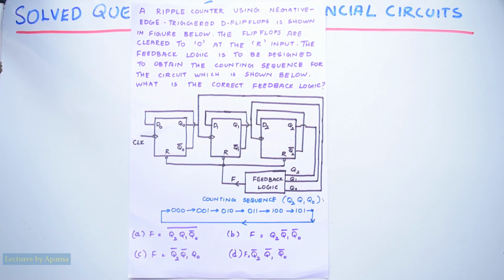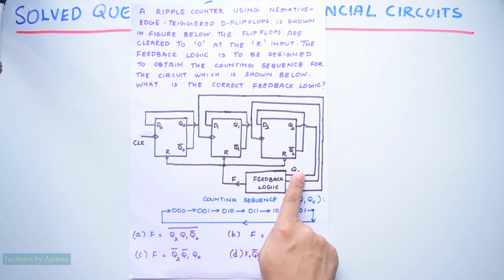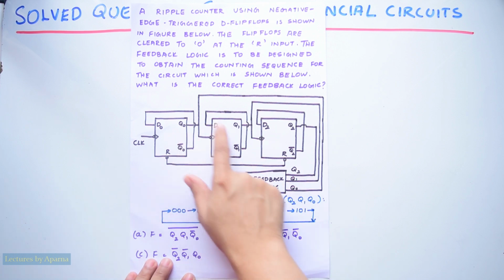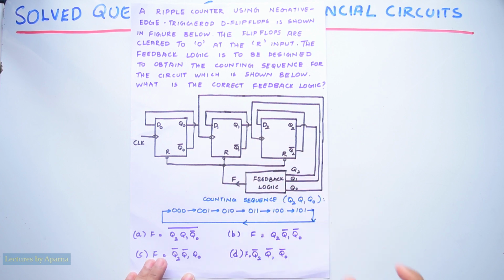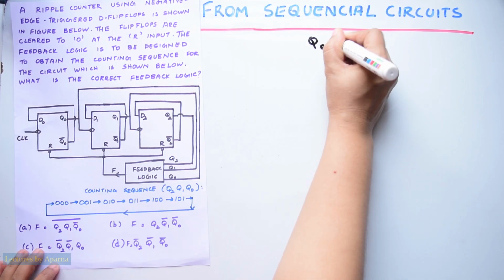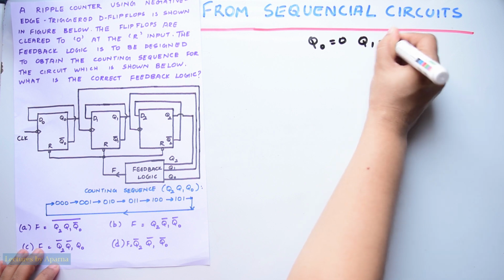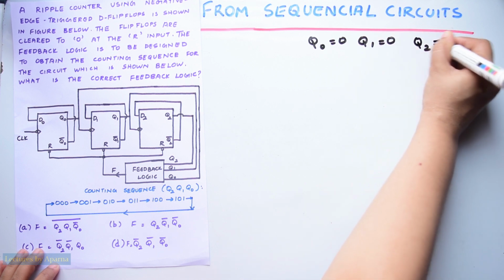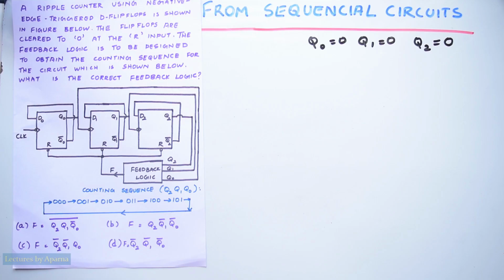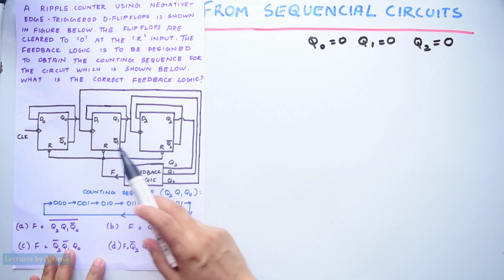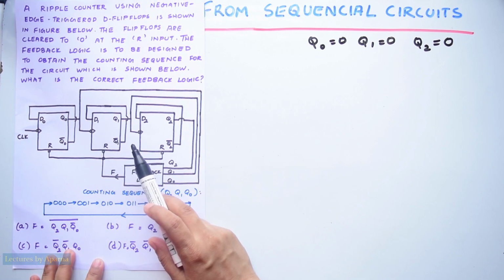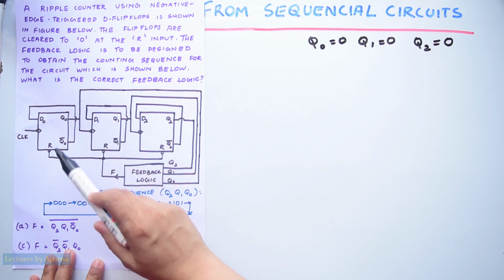It is said that the flip-flops are cleared to 0 at the R input. So initial value in all the flip-flops is 0, which means Q0 equal to 0, Q1 equal to 0 and Q2 equal to 0. Here D flip-flops are used, and it is said in the question that these flip-flops are negative edge triggered.